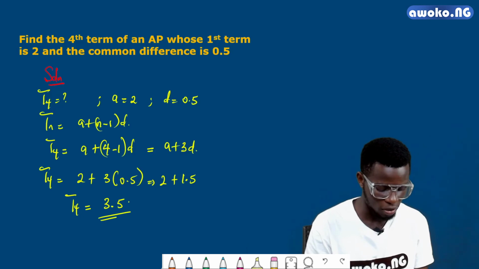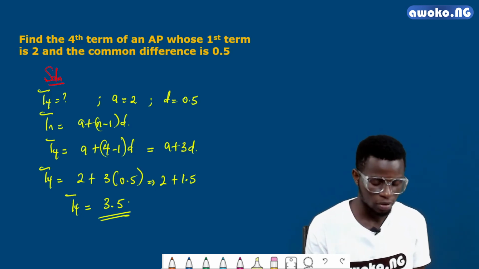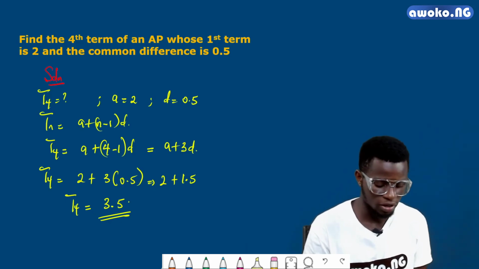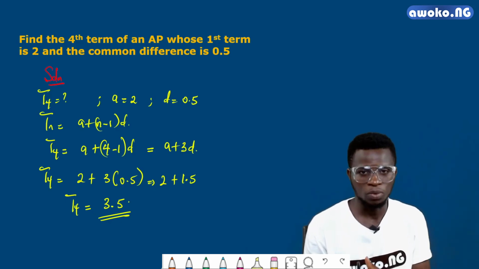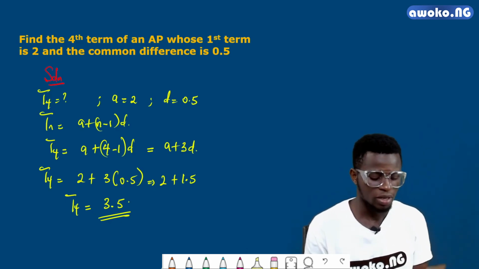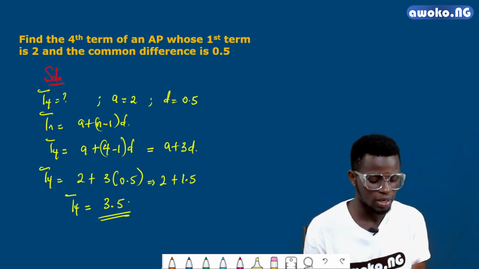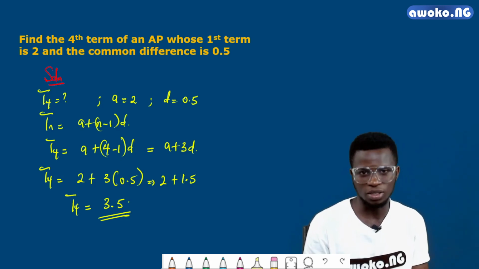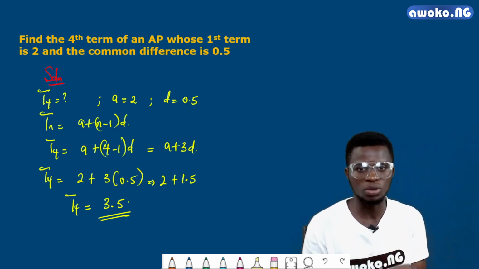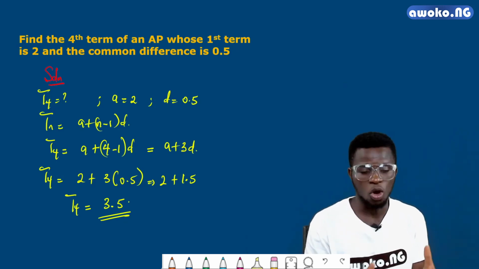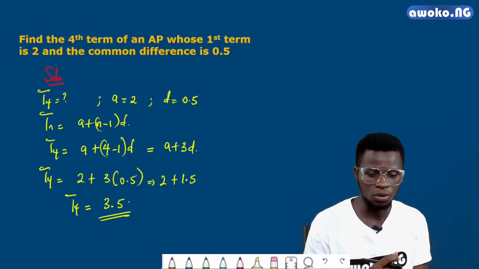So this is how to solve for the nth term of an arithmetic progression given the first term and the common difference. Sometimes you might be given the fourth term and asked to find the common difference when the first term is given. All you have to do is substitute the values you have in the question and then look for the value of the unknown variable.